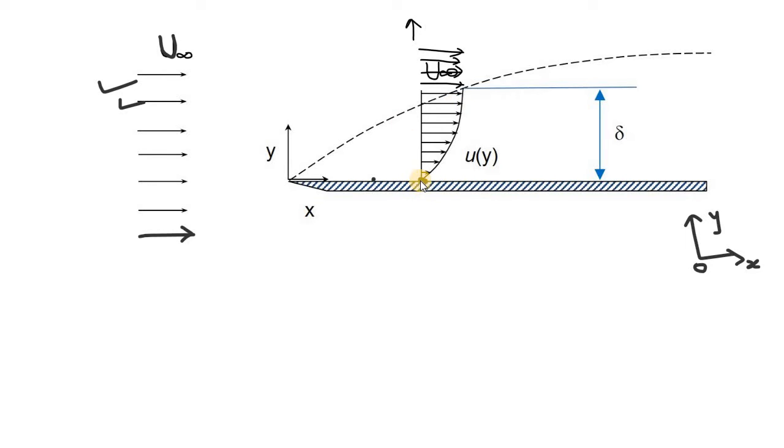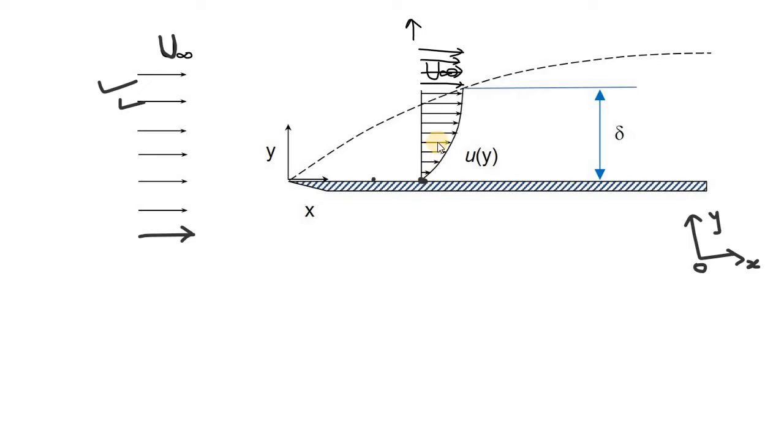So what did we understand? The layer which is in contact with the surface, due to viscosity and no slip condition, will be at relatively zero velocity. The next layer will have slightly non-zero velocity, and then the layer just above this layer will have a velocity greater than the velocity of this layer, and so on.